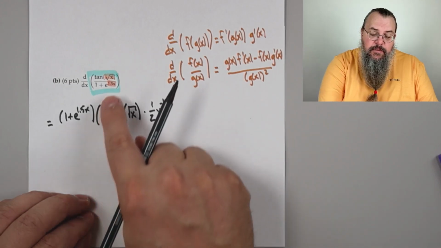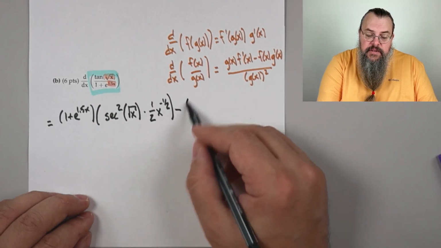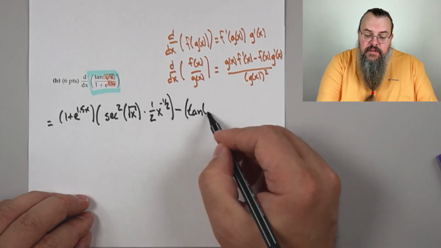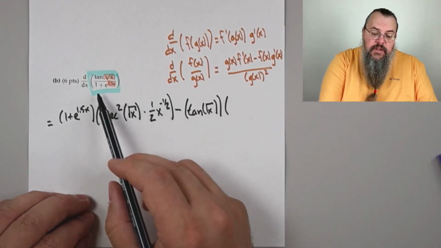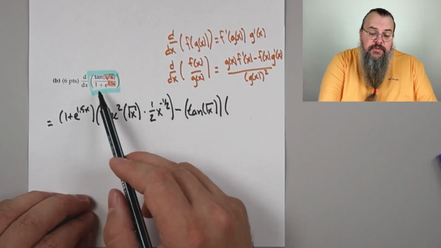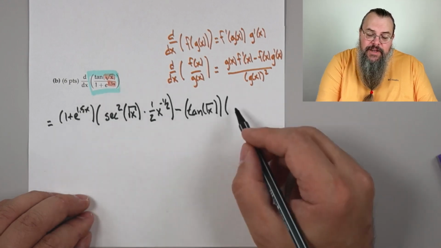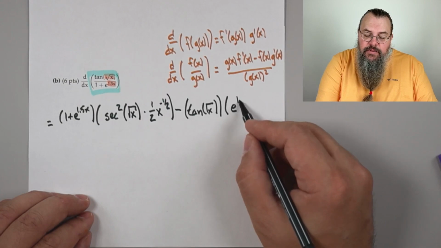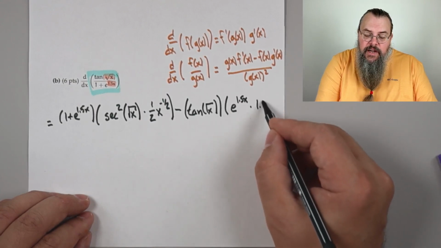Okay, so we have the bottom times the derivative of the top, minus the top, tangent of square root of x, times the derivative of the bottom. Well, now taking the derivative of the bottom, the derivative of 1 is 0. That's nice. The derivative of e to the 1.5x is e to the 1.5x times 1.5.